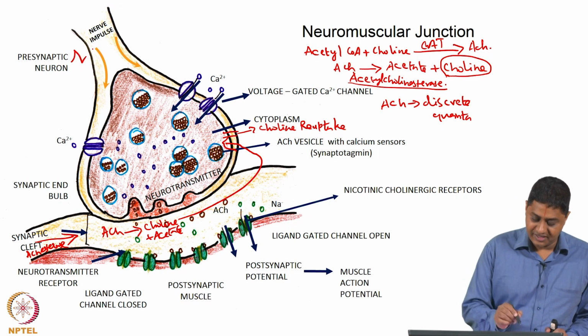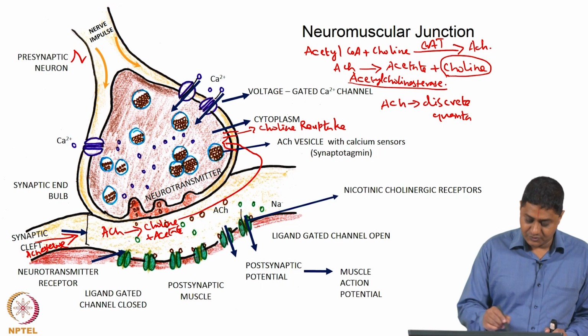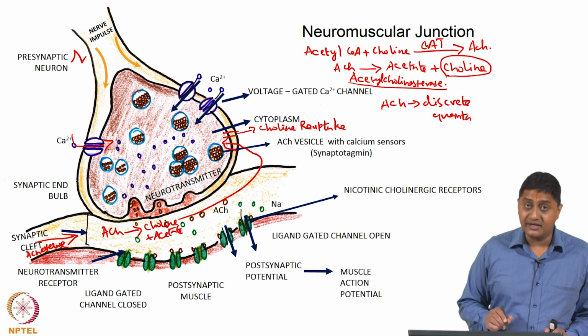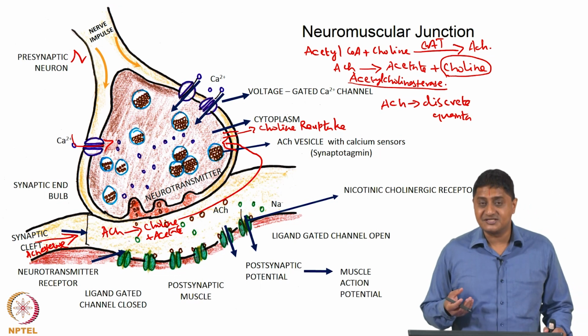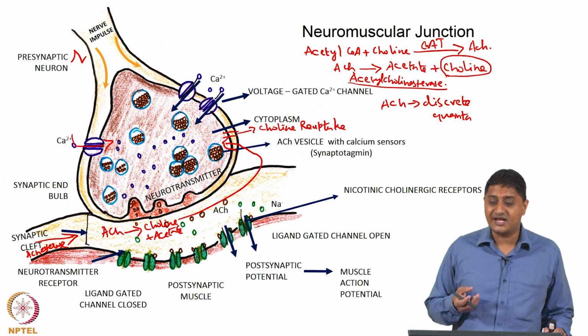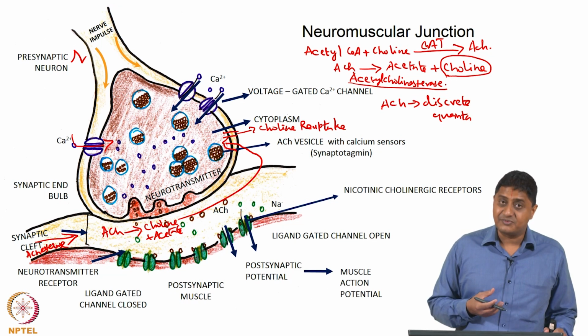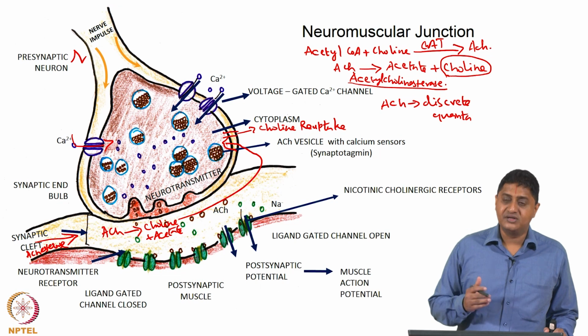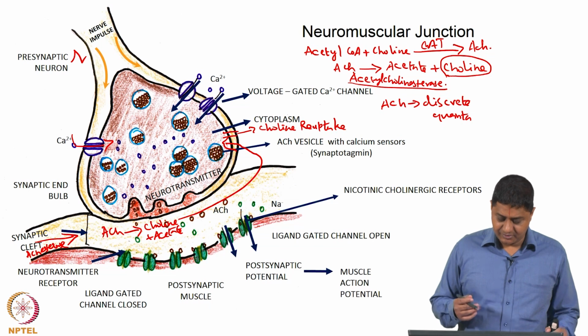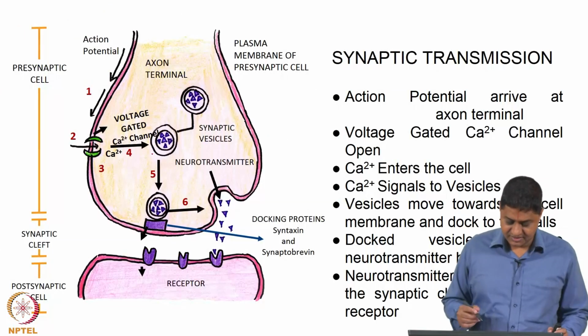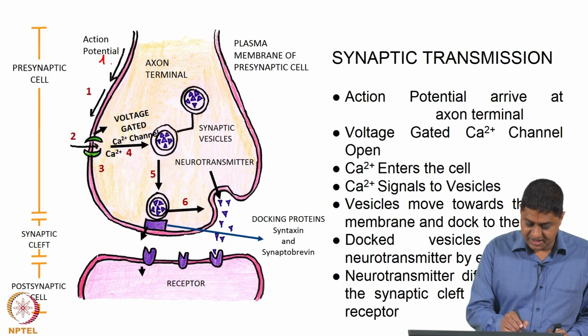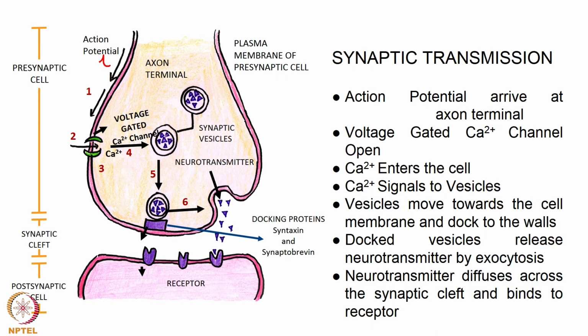So, when an action potential arrives here, the calcium channels open, letting in a lot of calcium, and synaptotagmin senses the presence of this calcium. Synaptotagmin is the calcium sensor on the vesicle. It moves the vesicle closer to the cell membrane by the action of synaptobrevin and syntaxin, as shown in the next slide.